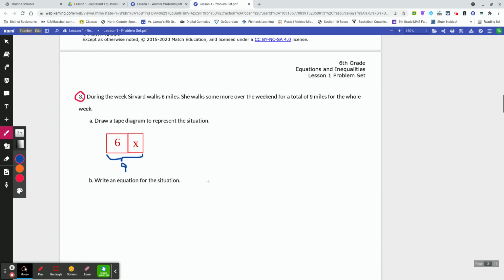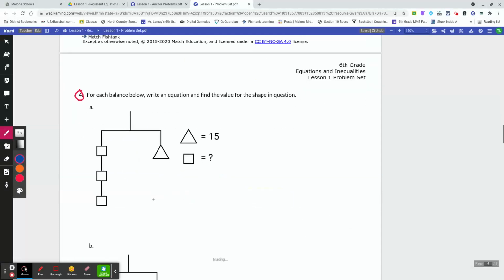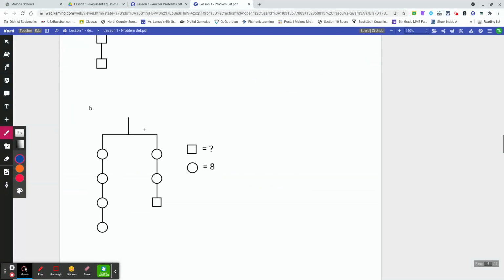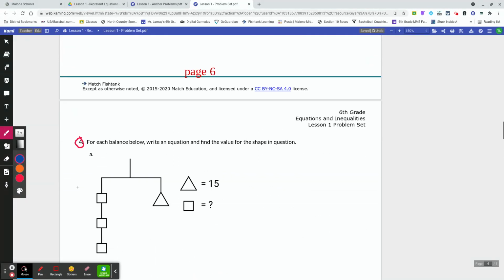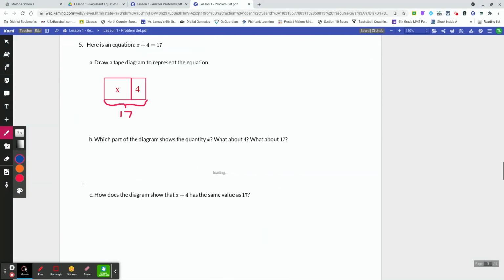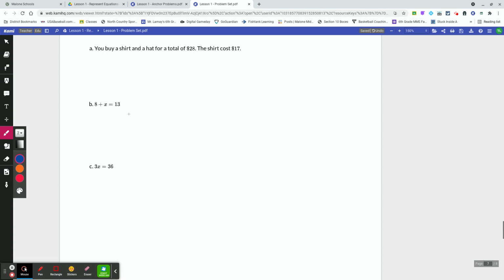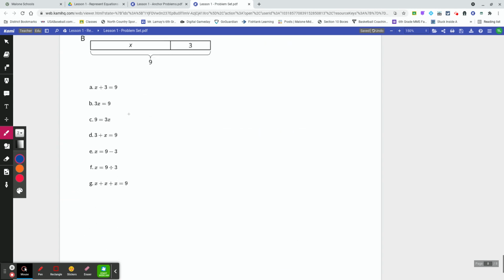And then this one is a little bit different. So write an equation for that. There's a mobile where you're going to figure out what the value of each one is. Make sure you do A and B on this one, 4A, 4B. And then number 6, you figure out if that's correct or not. And then you also have to do number 9. So good luck with that.